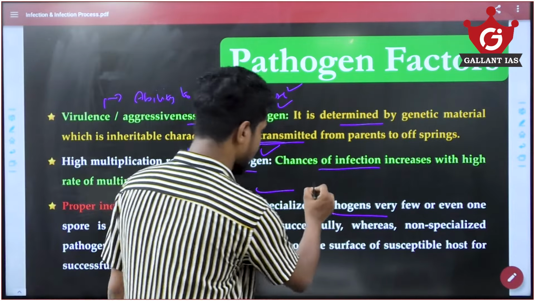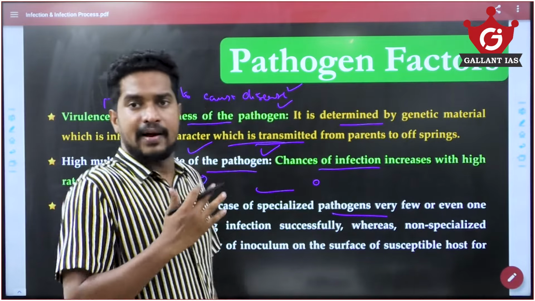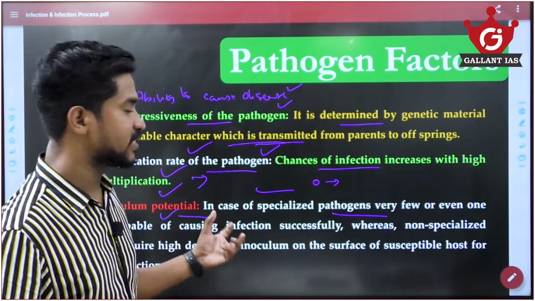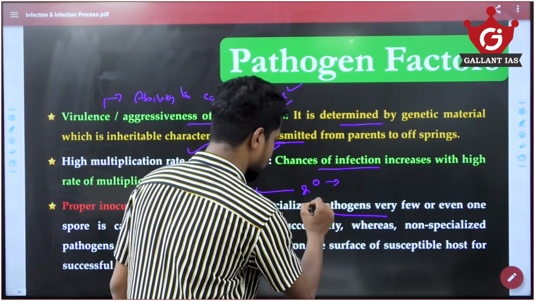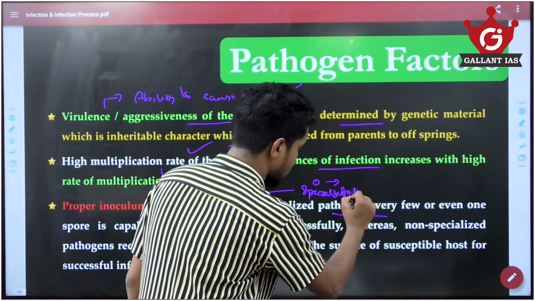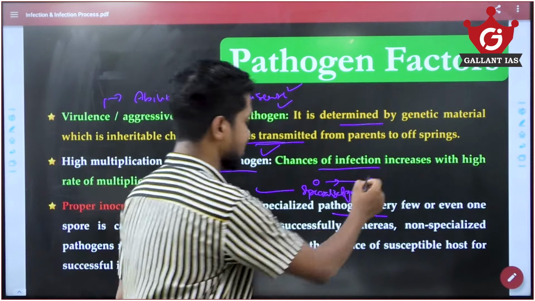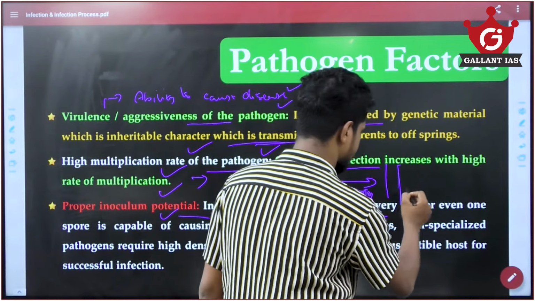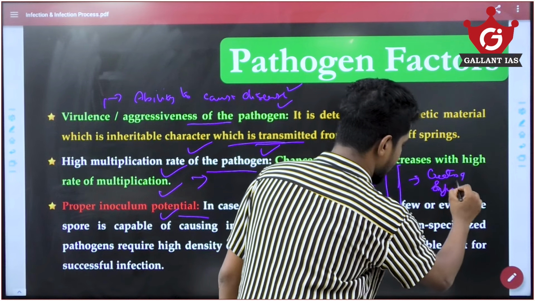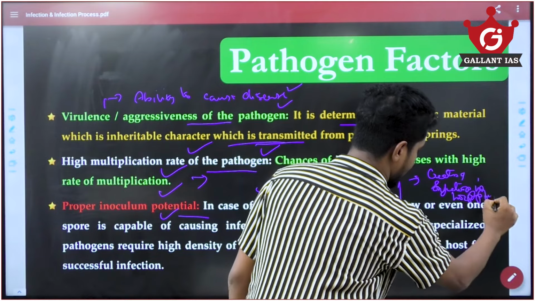For example, consider this as a spore. There is only one spore here. This is a specialized pathogen, and this single spore is capable of creating infection in the host plant.